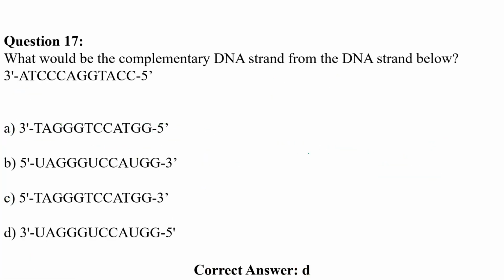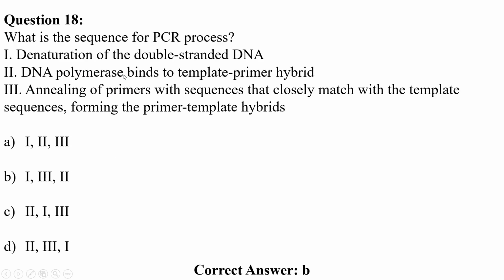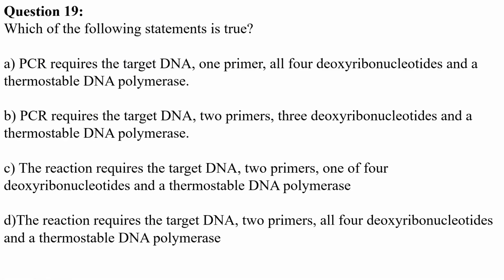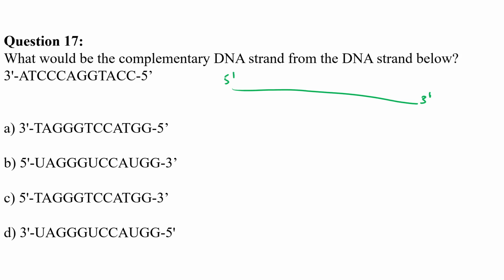So basically what will happen, I have a gene that is 5 prime to 3 prime, like I have a sequence, right? Something similar, I have a sequence like this.